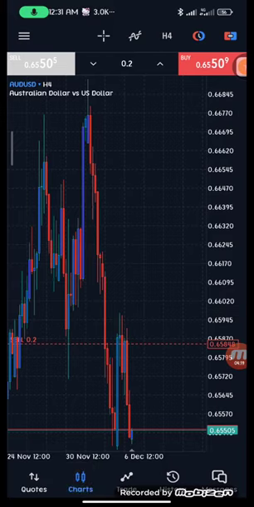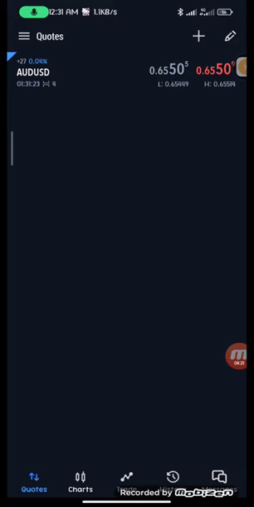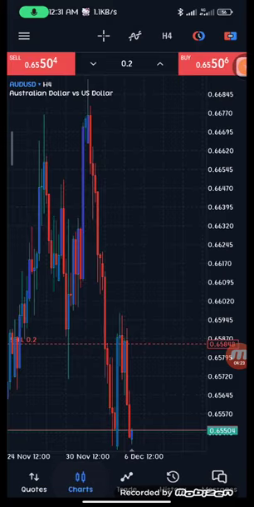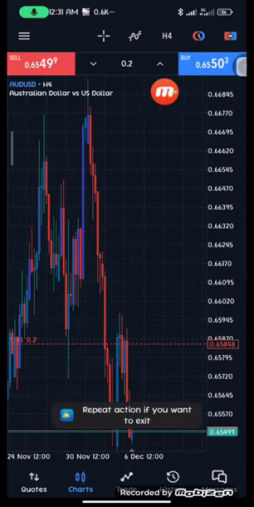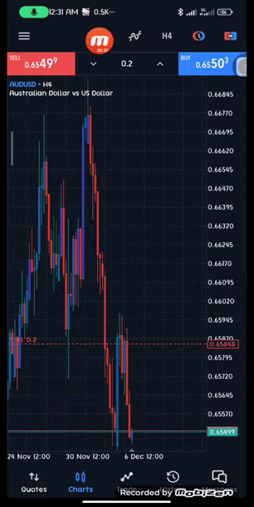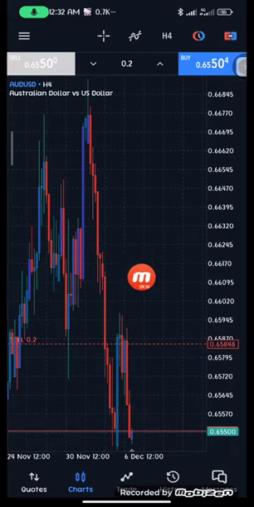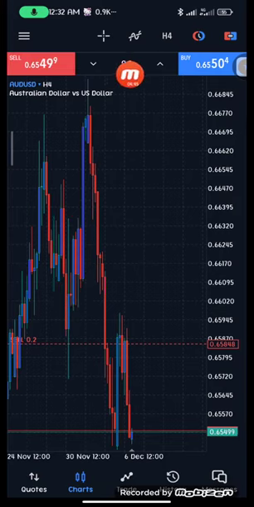So as I was saying, this is the chart for any particular currency you decide to trade on. As you can see over here, we have some tools and stuff, but I won't advise you to be doing your analysis on MT4 or MT5.